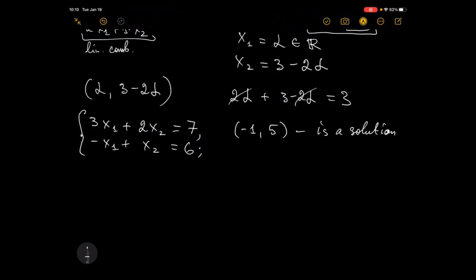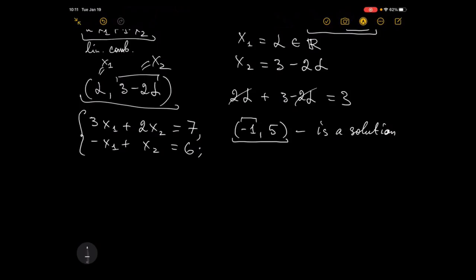Pay attention, when I write it like that, I mean that this is x1 or s1 and this is x2. What is important is that this is an ordered pair of numbers, because order here is important.